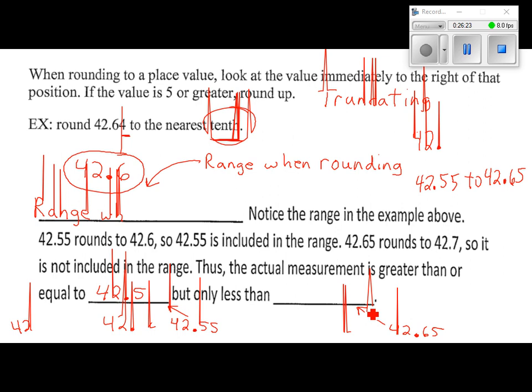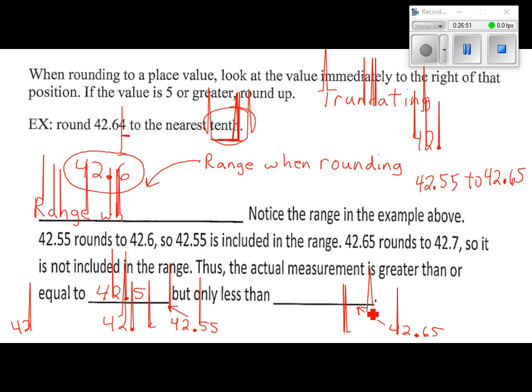That's our precision number, 0.05. We subtract that from the measurement. So 42.6 minus 0.05 gives us 42.55. That's as low as we can get. Then we add 0.05 to it, and we get 42.65. That's as high as we can get.